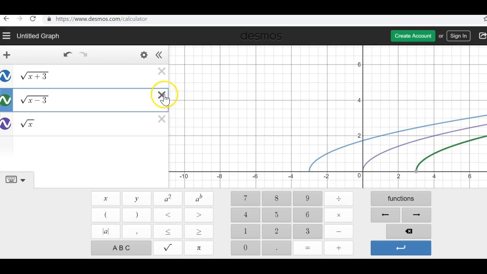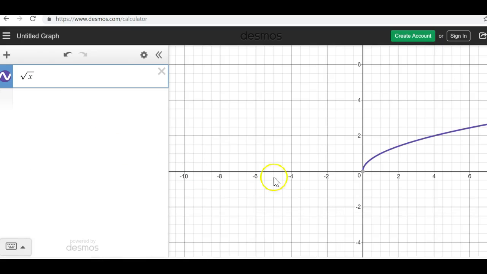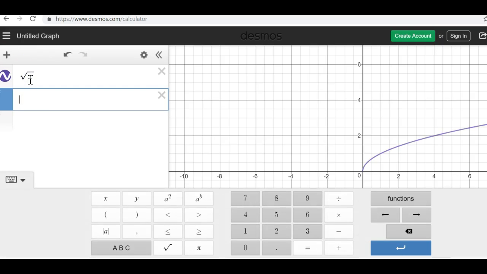Now let me get rid of these 2 functions. And so this one is called our basic function, that it has no transformations whatsoever. Another one that I want to show you is what happens when we have a negative in front of a square root of x.